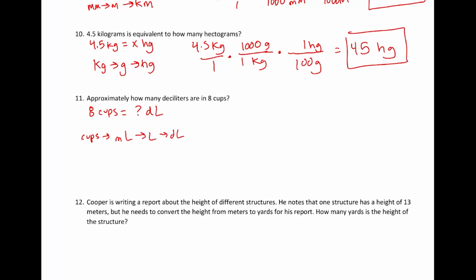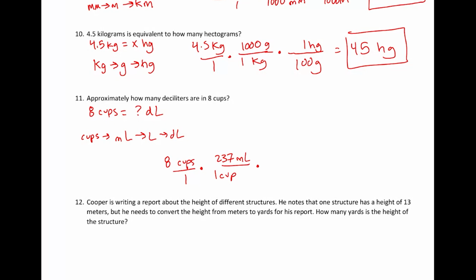I think this is our path to victory here. We're going to start with 8 cups and convert that to milliliters. On our conversion chart, we see that 1 cup is equivalent to 237 milliliters. This is a given conversion.